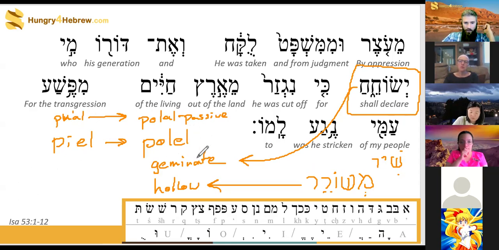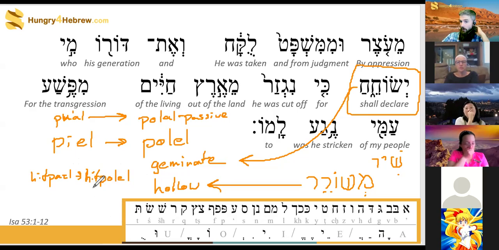If you get either a geminate or hollow root in the hitpael, it will become hitpolel. And Hebrew is the only Semitic language that has polel, polal, and hitpolel. So very little is known about the development of this odd form. So yay!